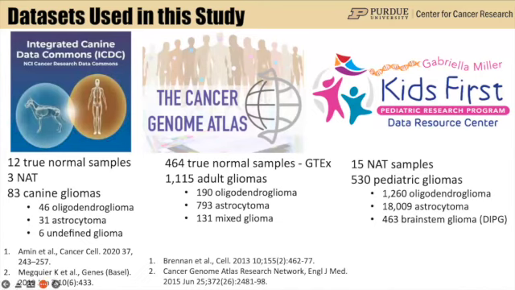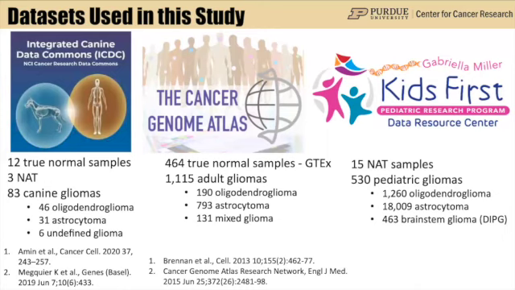Then we also wanted to compare with some pediatric data. This reference, Amin et al., published in Cancer Cell, was the original publication of the canine glioma data set. It showed that, at least in terms of methylation profiles, the canine glioma seemed to have more in common with pediatric glioma compared to adult.